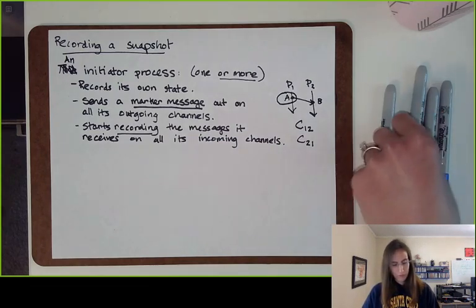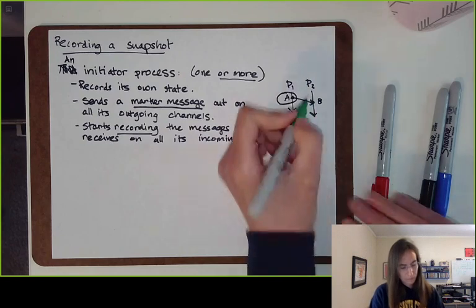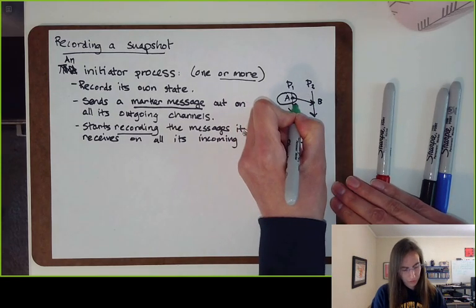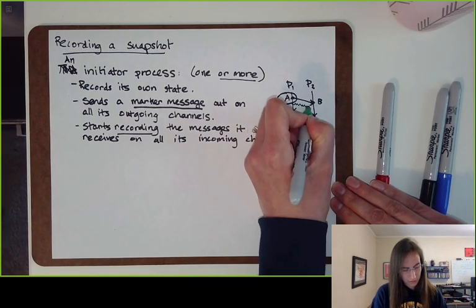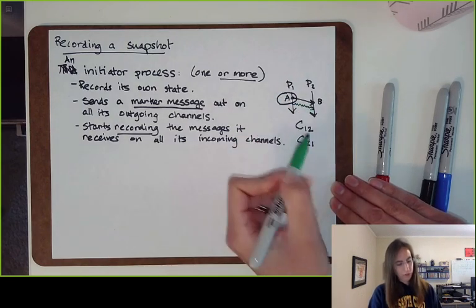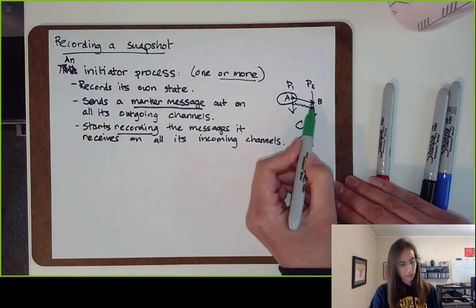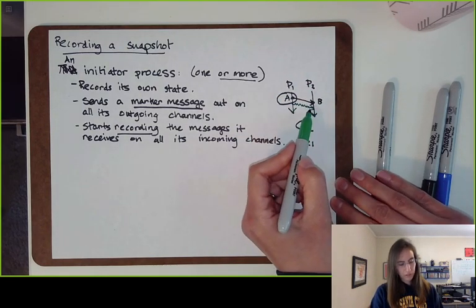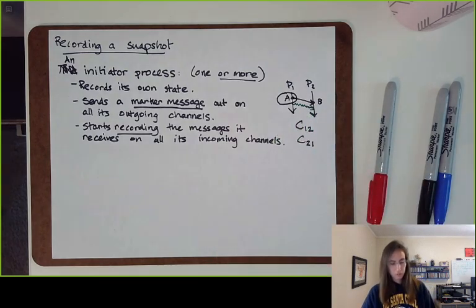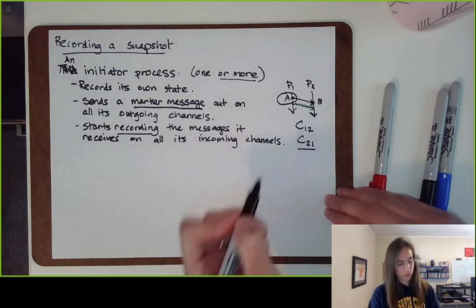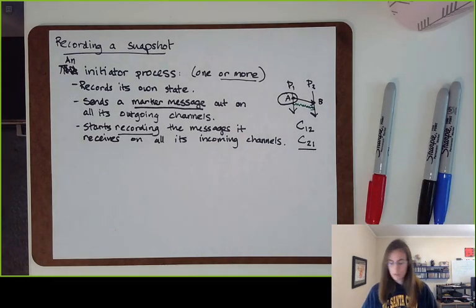I'll do that in a different color, with a wavy line just to differentiate it. It only has one outgoing channel, its channel to process 2, so it's going to send that marker message over to process 2. And then it's also going to start recording on its incoming channel, which is channel C21. Okay, that's it for the initiator process.